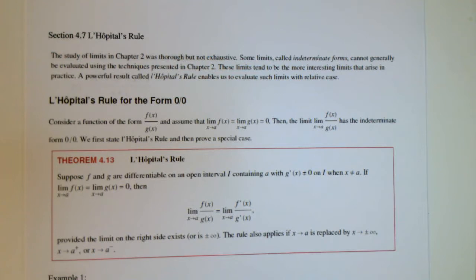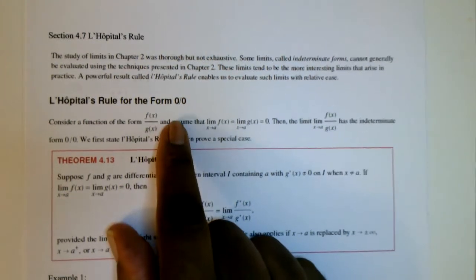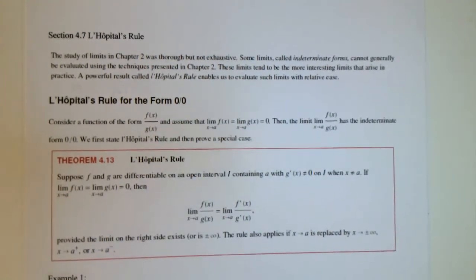Okay. So now let's look at this theorem that deals with a case where you have 0 over 0 when you take the limit of the numerator and the denominator. Suppose f and g are differentiable on the open interval I containing a, with g prime of x not equal to 0 on I when x is not equal to a.